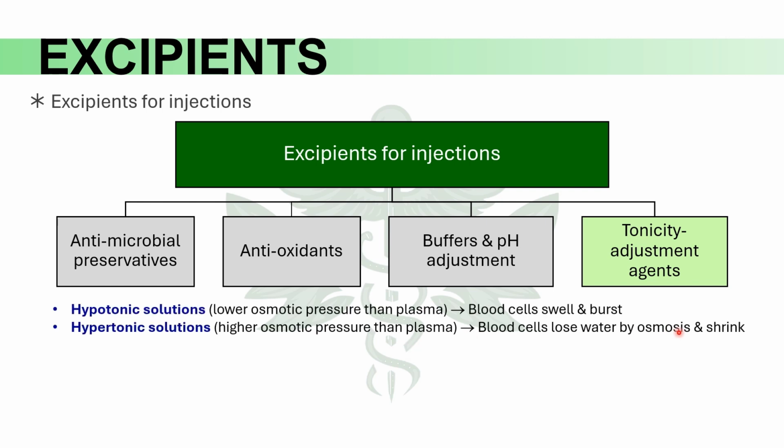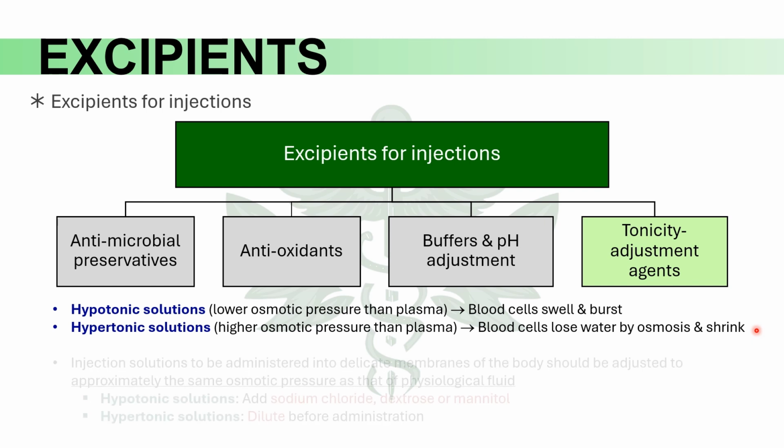Finally, tonicity adjustment agents. We know that if we were to introduce a hypotonic solution into the bloodstream, our blood cells would swell and burst. And likewise, if we were to introduce a hypertonic solution into the bloodstream, the blood cells would lose water by osmosis and shrink.